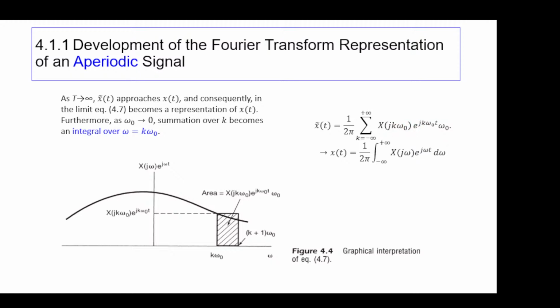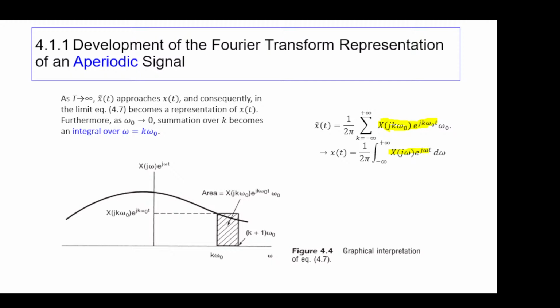So let's maybe do this. Okay, so all this part, it's like a summing. We think those parts are like a sampling of some function x of j omega e to j omega t at point k omega, right?